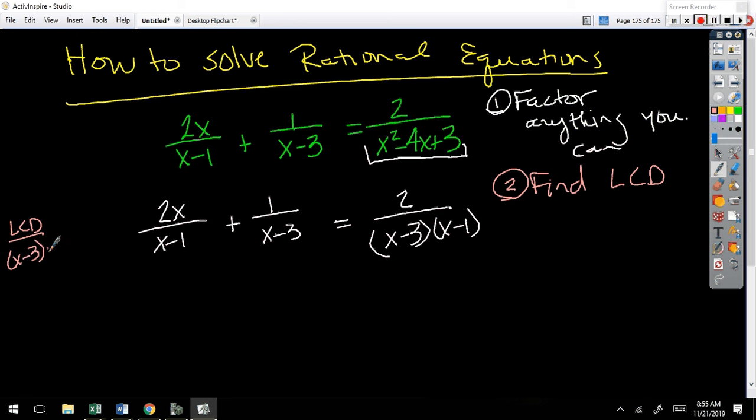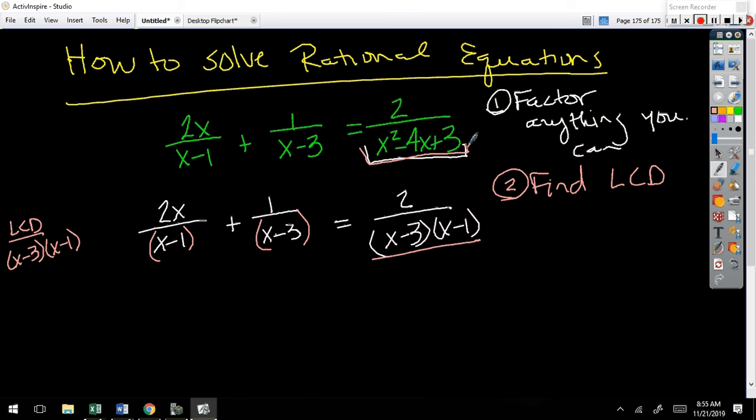X minus 1, right? Okay. Start multiplying them together, but just don't repeat any as you go. This one, I factored x squared minus 4x plus 3. What multiplies to 3 but adds to negative 4?